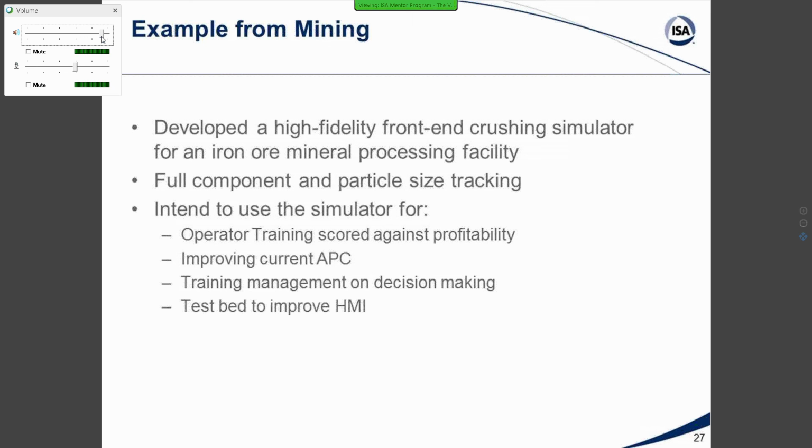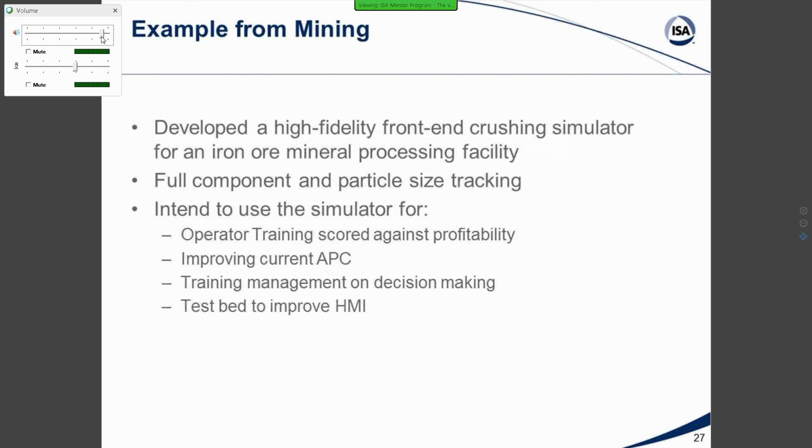The other piece included is they want to train their management team on how to make proper decisions on when you should be pushing for efficiency or when you should be pushing for throughput from an operations management perspective. And then the last piece is that this is also a test bed to improve their HMI.